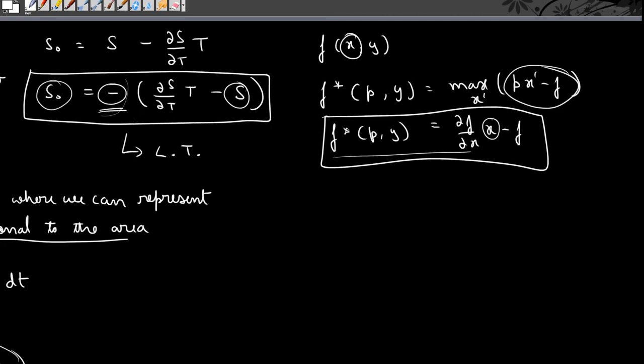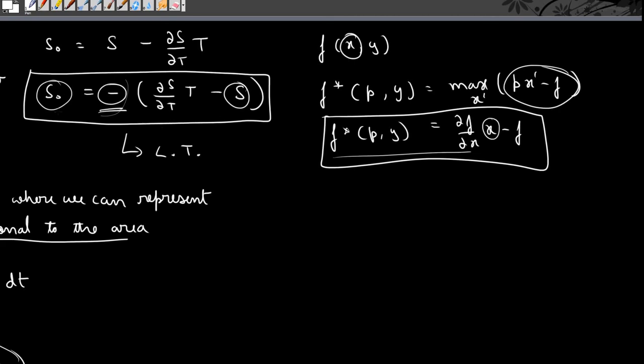If we do not have the negative sign, the two functions will have the same nature, that is either both will be convex or both will be concave. If we have a negative sign, the two functions will be opposite, that is if one is convex, the other one becomes concave.